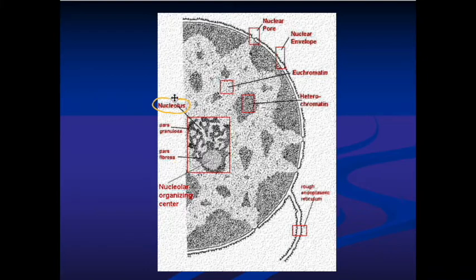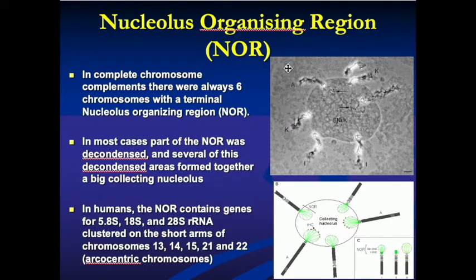The nucleolus structure is built by the nucleolar organizing region, or in short, NOR. In a complete chromosome complement, there are always 6 chromosomes with a terminal nucleolar organizing region, or NOR. In most cases, part of the NOR is decondensed.